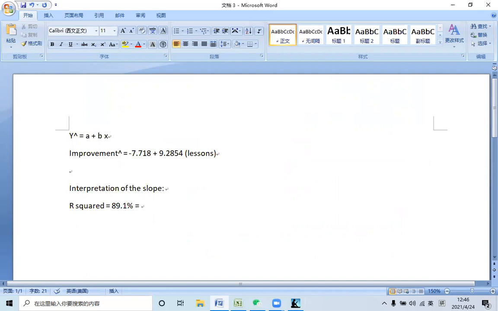So that would be 0.891. These are equivalent. And then from this information, we can get the correlation coefficient between the two variables. Let me grab my calculator.